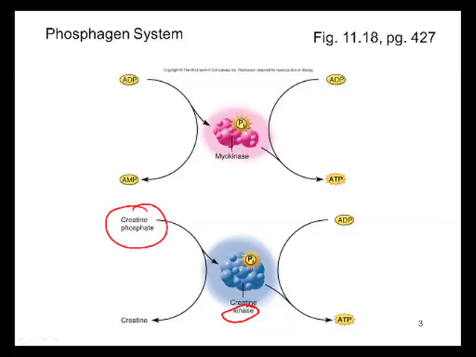As the crossbridge cycling is occurring and ATP is broken down to release the energy to reposition that myosin head, there's going to be ADPs left over and phosphates, but the ADPs are what are going to be used to make more ATP for these processes. So collectively, these two give about another 5 seconds worth of time for this particular exercise.